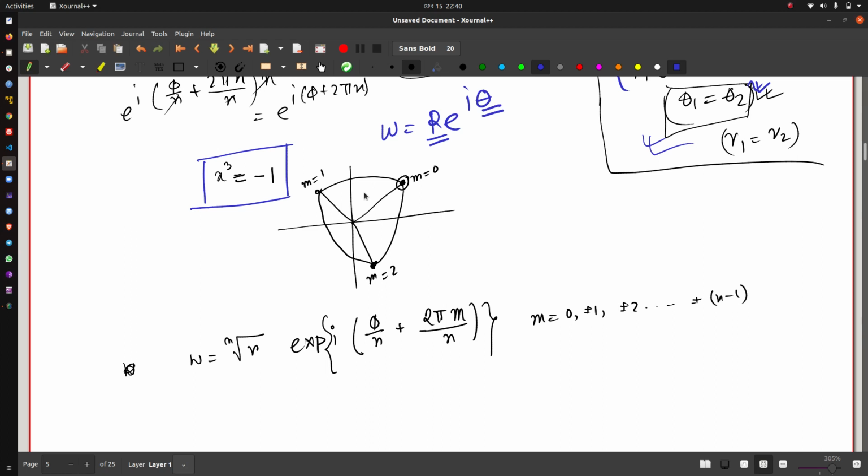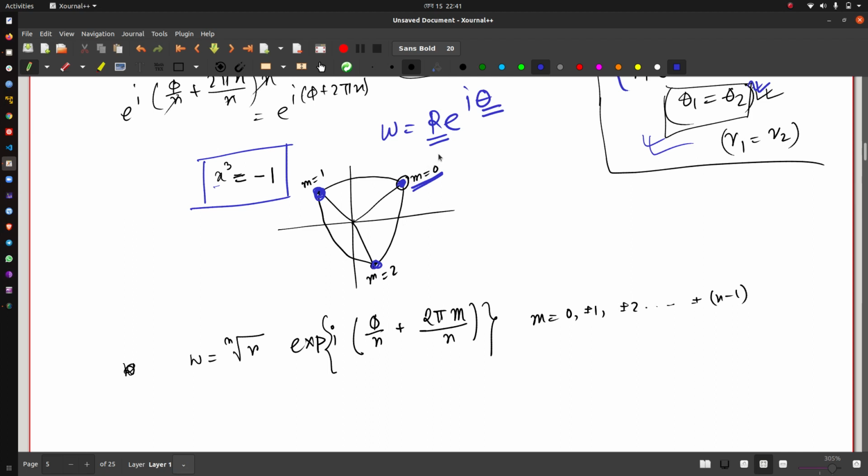Okay, so now this x cube equals minus 1 should yield 3 roots, and in the Argand plane or the complex plane you can show these roots like this. This root comes from m equals 0, this comes from m equals 1, and this comes from m equals 2, and then if you take m equals 3, you will see that you are again back at the m equals 0 point.